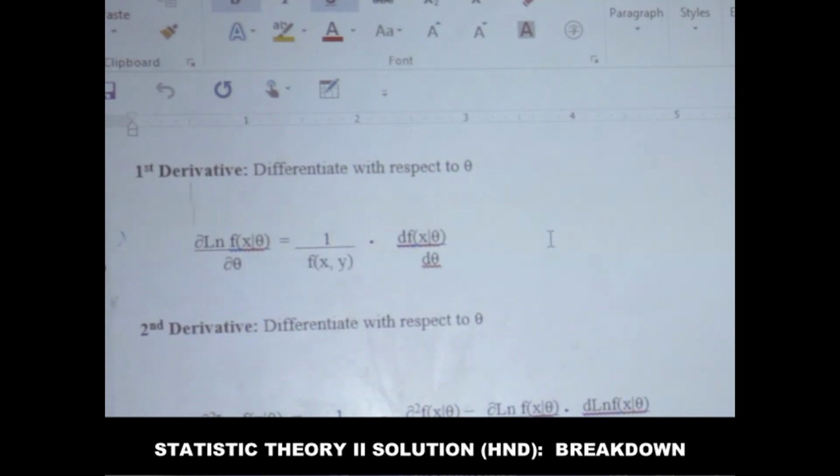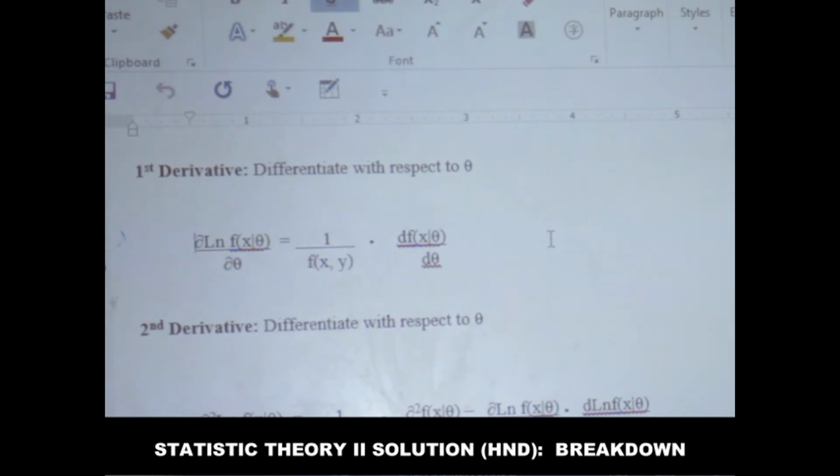Differentiating with respect to theta, it will now be equal to 1 over f(x, theta) dot df(x, theta) over d theta. The second derivative, we have to differentiate with respect to theta again.